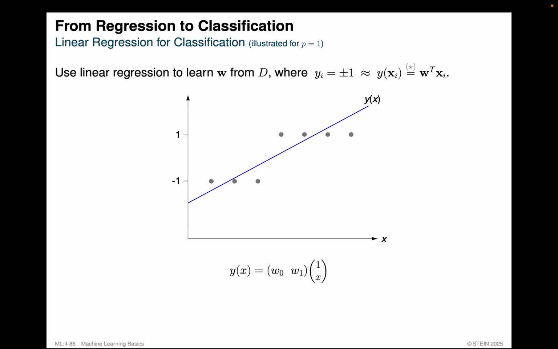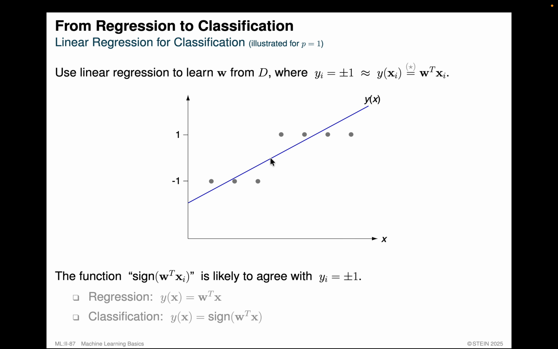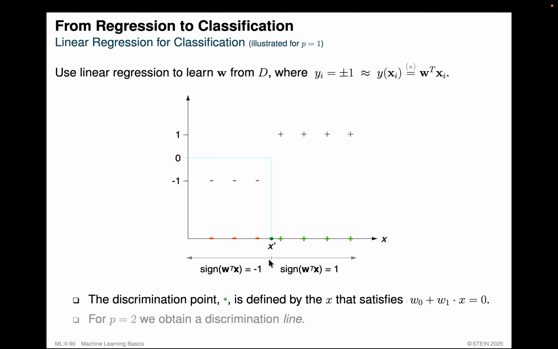And making that choice, we can then compute for every model function, for every parameterization of the model function, the error of that function in the classification setting by simply looking at the sign of that model function. So we compute the scalar product of the parameterization of the model function with the given example.